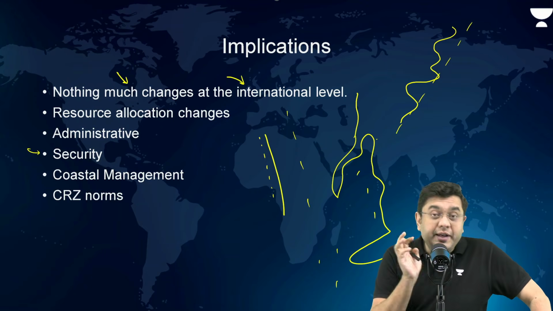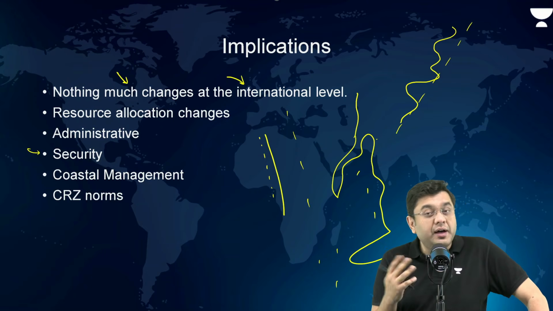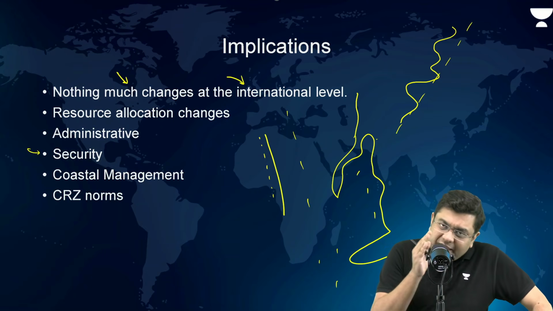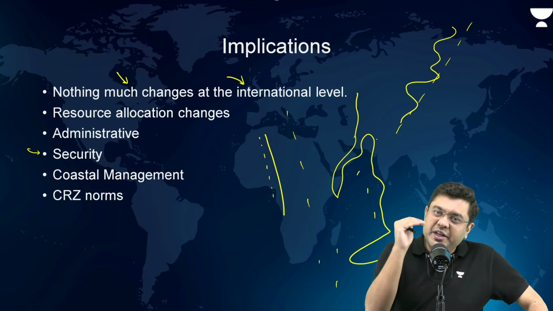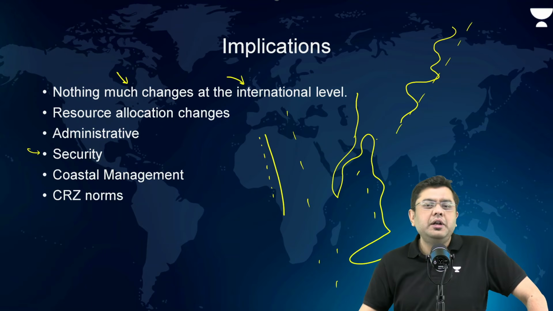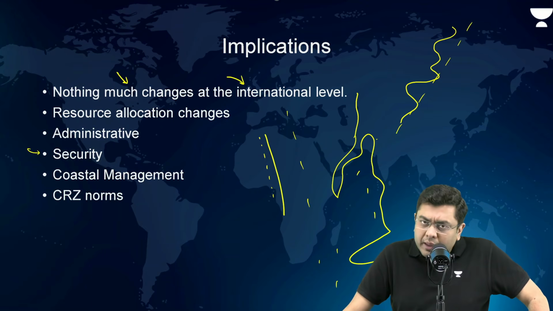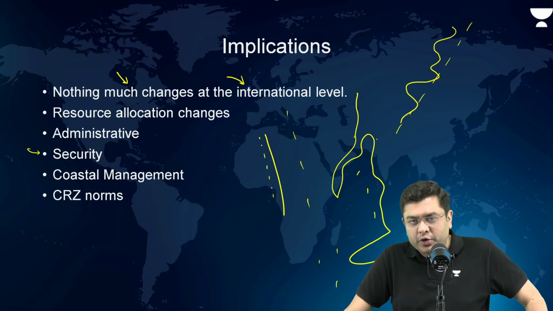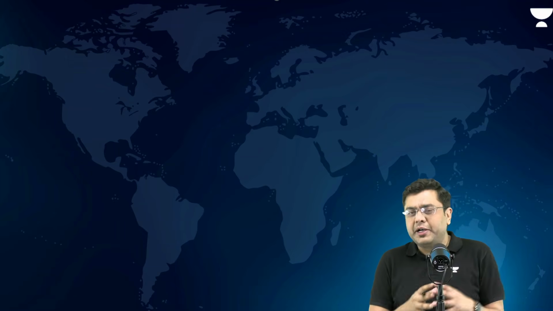Many regions will now come under CRZ norms which were earlier not there. So there are multiple changes on the administrative, management, security and coastal level, but on the international level, not much of a change. We will also be able to micromanage various disasters like coastal erosion and thereby have a better ecosystem. So that is what is required to be understood in this particular topic.